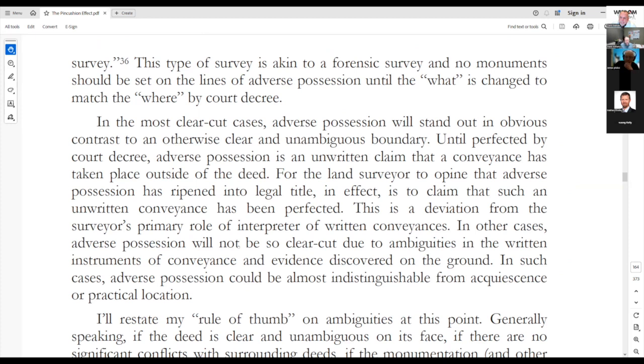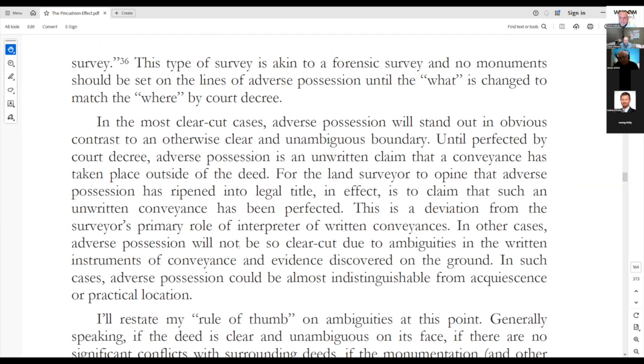In the most clear-cut cases, adverse possession will stand out in obvious contrast to an otherwise clear and unambiguous boundary. Until perfected by court decree, adverse possession is an unwritten claim that a conveyance has taken place outside of the deed. For the land surveyor to opine that adverse possession has ripened into legal title, in effect, is to claim that such an unwritten conveyance has been perfected.